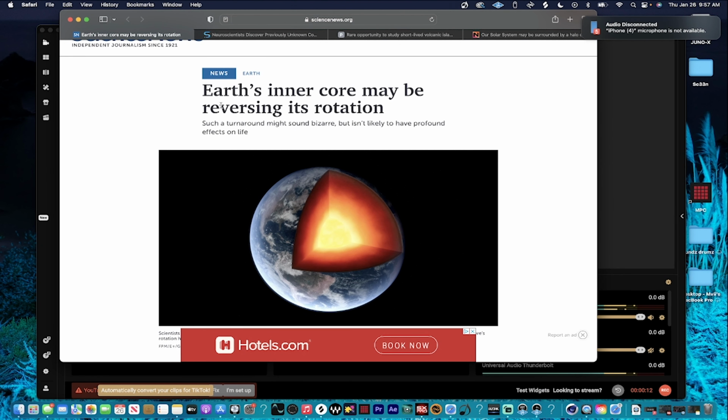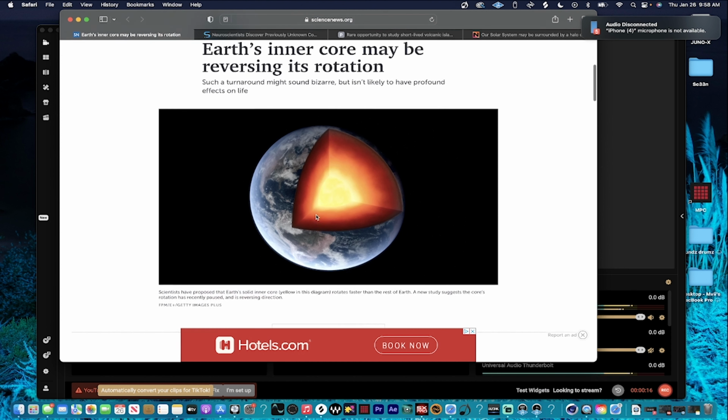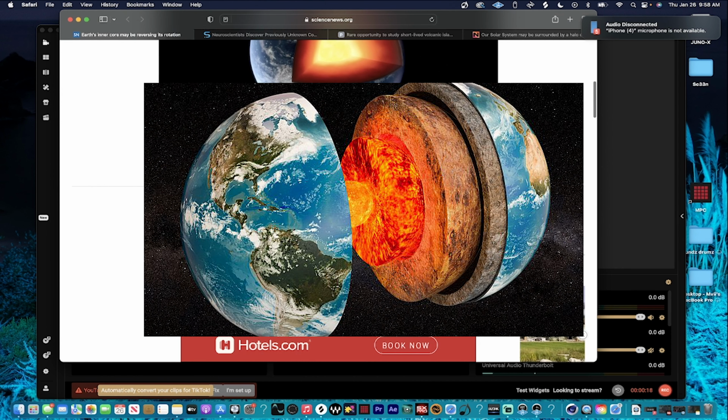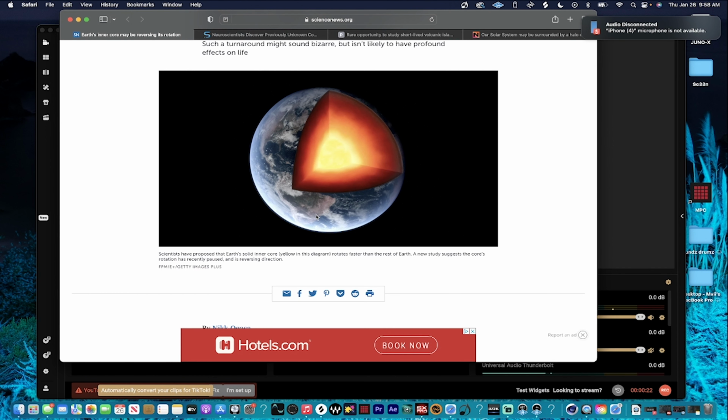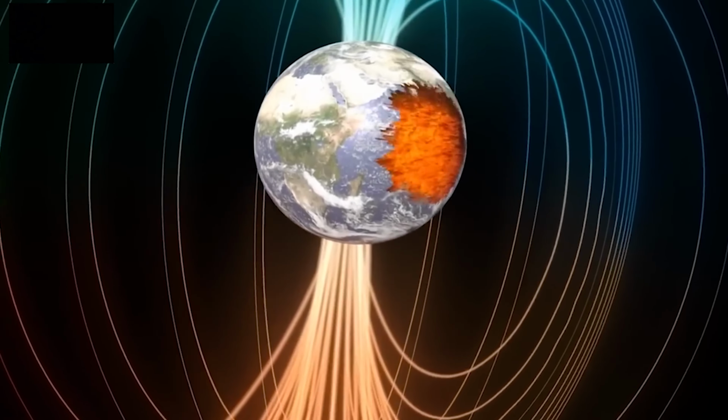First thing we're gonna talk about though is Earth's inner core, maybe reversing its rotation. This is pretty important because essentially they tell you that your magnetic field is created by the Earth's core.